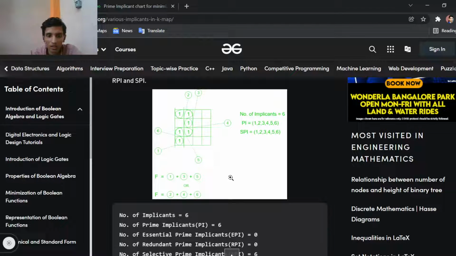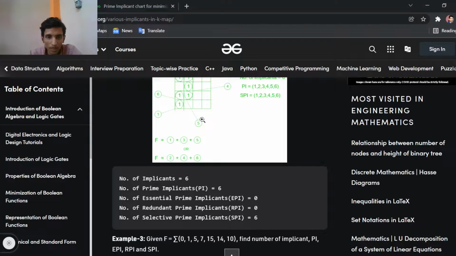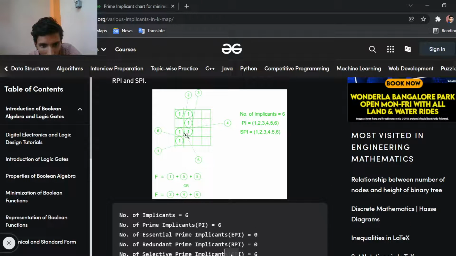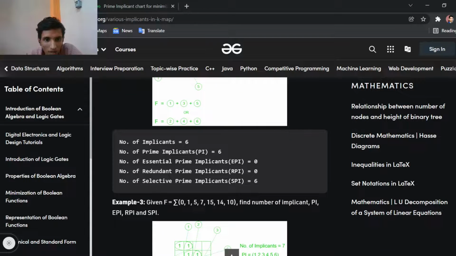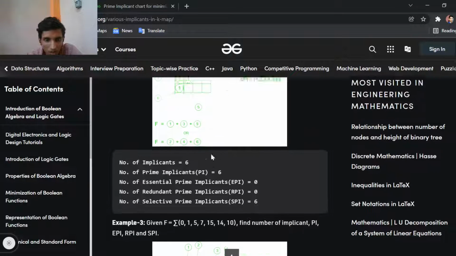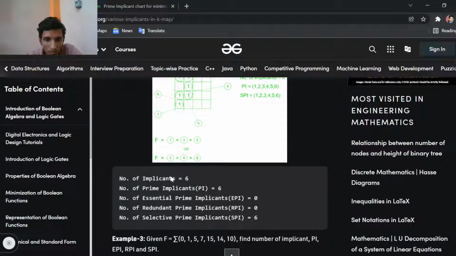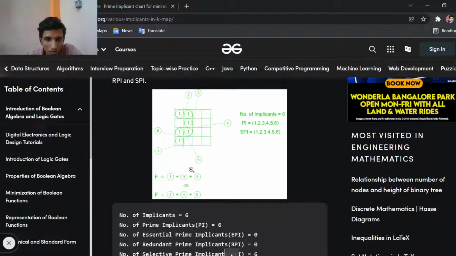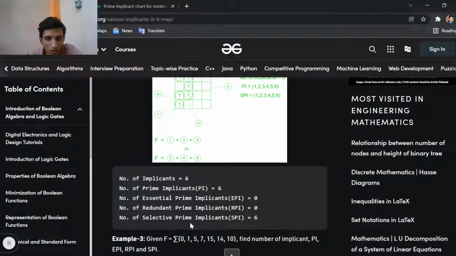So the total number of implicants is 6. The total number of prime implicants here is again 6, and the number of essential prime implicants is 0, there is no essential prime implicant. The number of redundant prime implicants is also 0, and the number of selective prime implicants is 6.